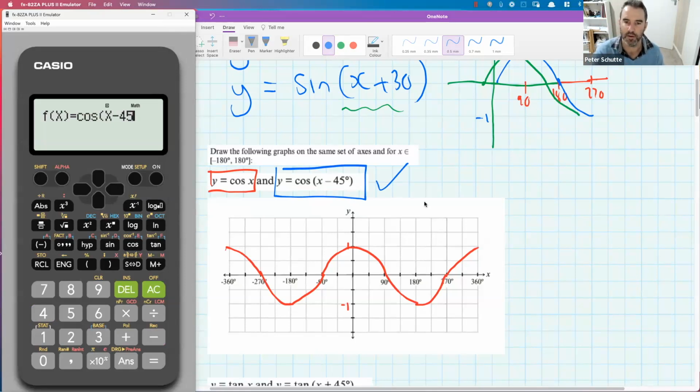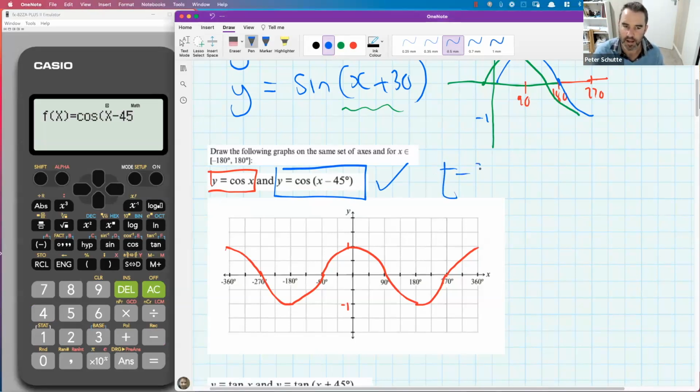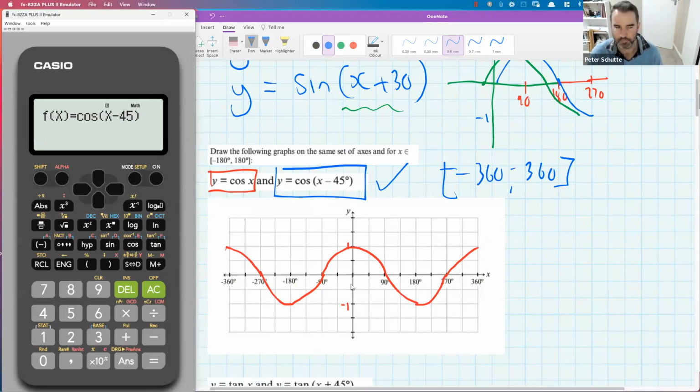And the domain we're going to use is going to be minus 360 to plus 360. That's what we're going to use as our domain for this. Now I wonder what we should make our step size.